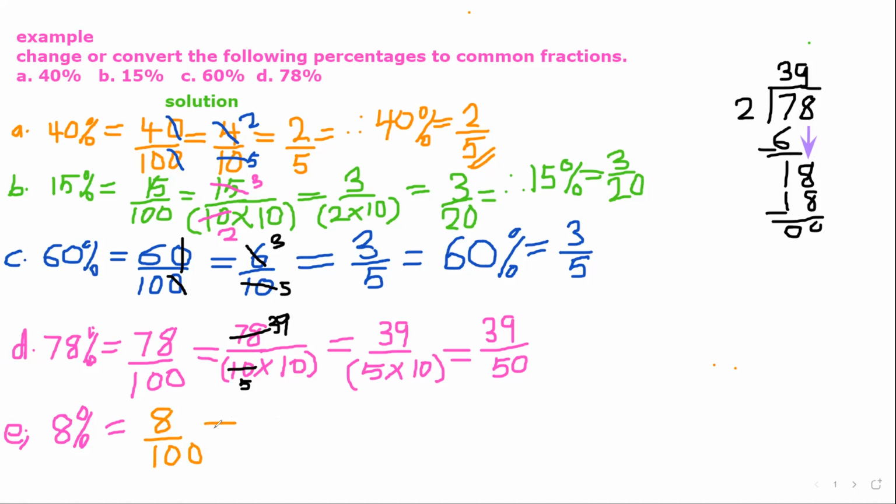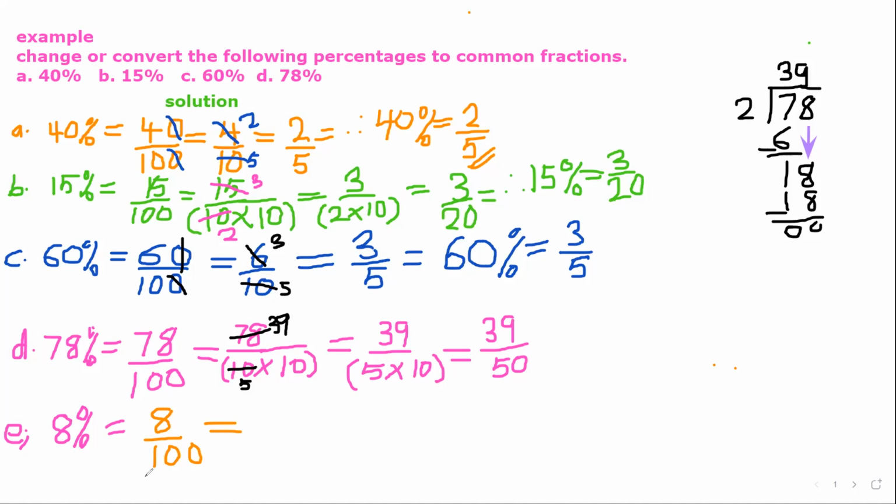With the 8 out of 100, there's no 0 here to cancel the last 0 here. But the 8 and 100, they are all even numbers. Any number that ends with 0, 2, 4, 6, and 8 is an even number. So 2 can cancel the even numbers. So you have to simplify the 100 first.